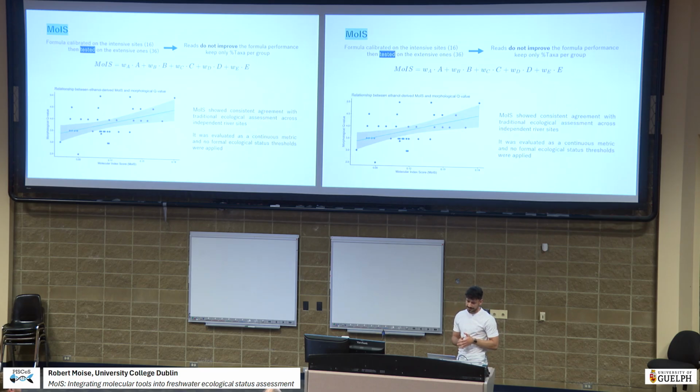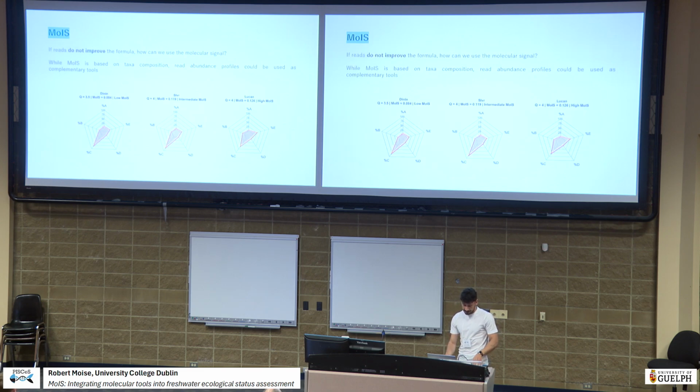Now, this formula has been tested on the extensive sites, and again, you can see there's agreement with the traditional ecological assessment status. Right now, it's more a continuous metric. There are no formal thresholds or classes, but that's something I would like to do in the future.